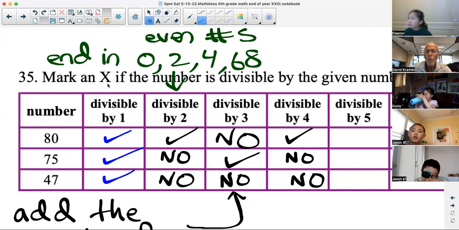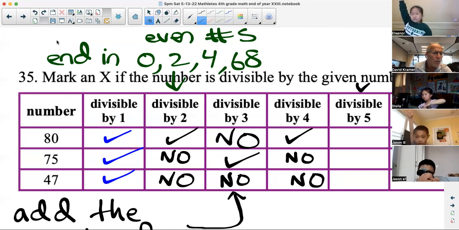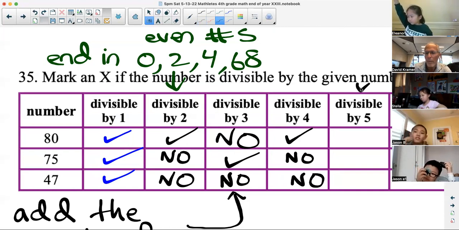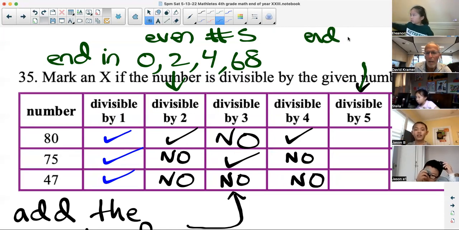Now, who knows the divisibility rule for 5? It's a very special rule, and it's very similar to the rule that we have for 2. Please, Jason B., give us that rule. It has to end in a 0 or 5.